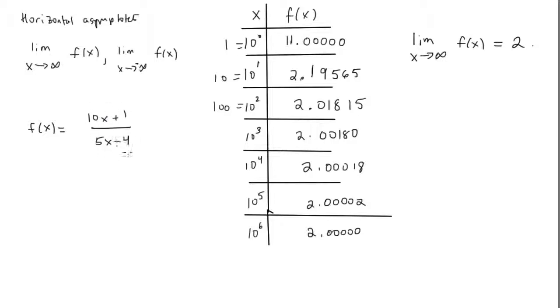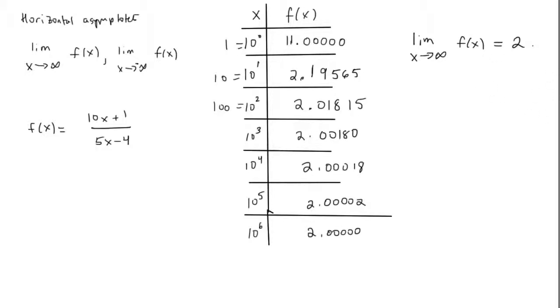So if there's square roots or something in it, then we might still want to be able to ask this question, but how we deal with that may change. Okay, so the recap here: we're interested in the long-term behavior of the function, meaning for really, really large input values of x. And in this case, we noticed that we got 2.